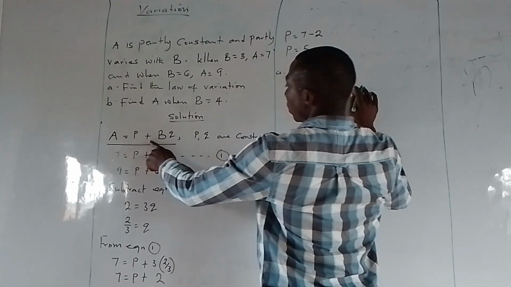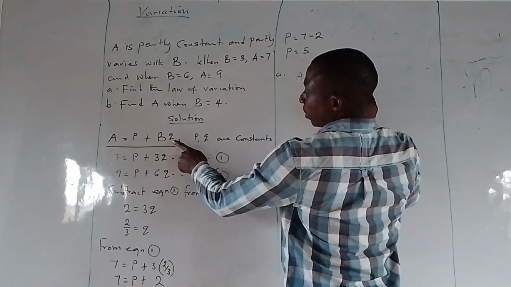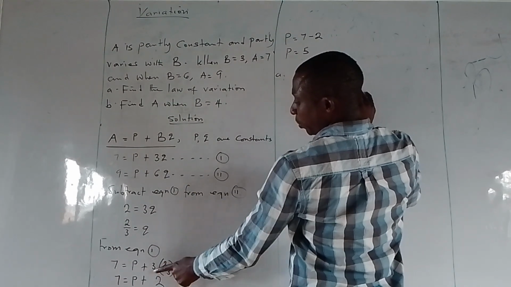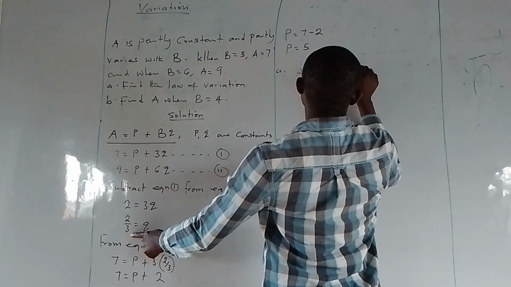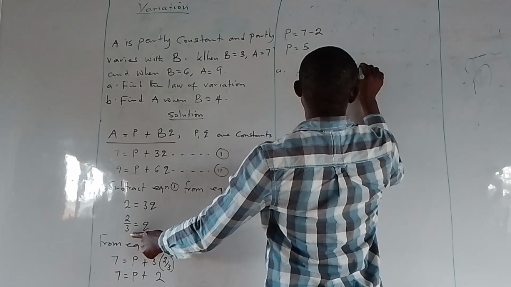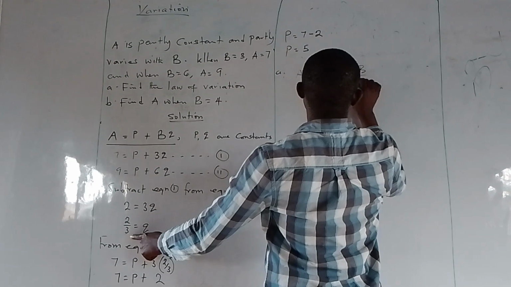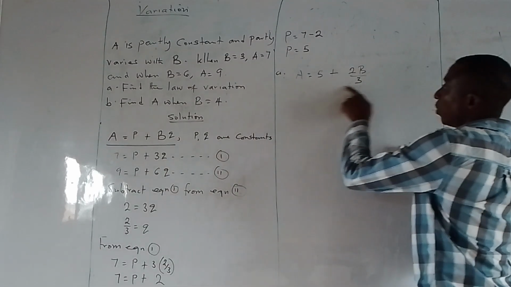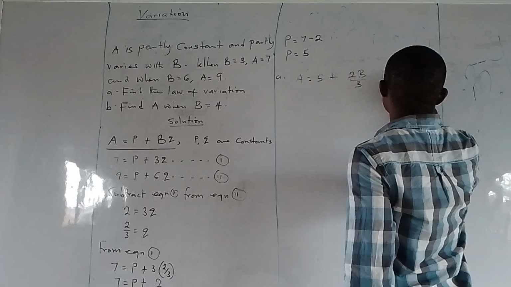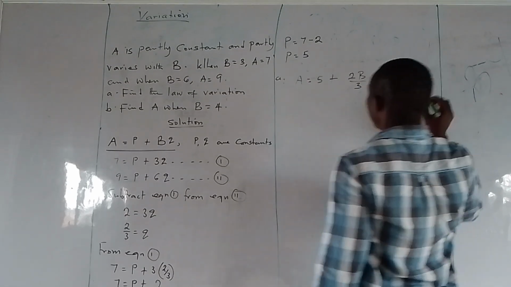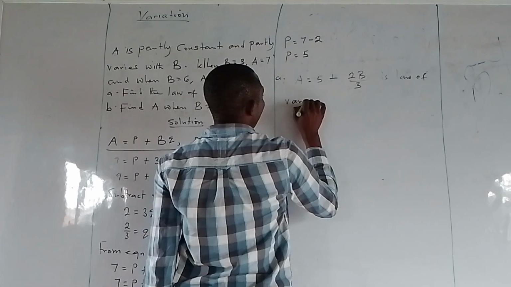Plus B times Q. What is my Q? Q is 2 over 3. So that's going to be 2B over 3. Okay, so that's what I'm going to have. Now this is the law of variation.